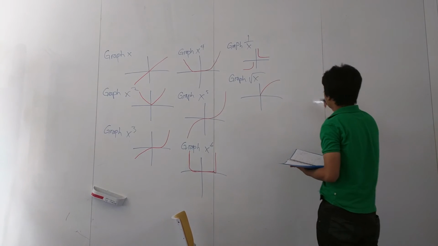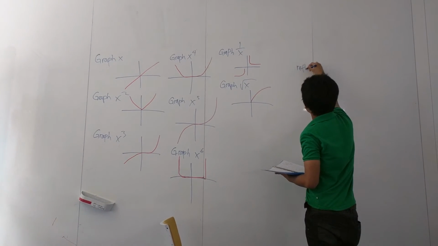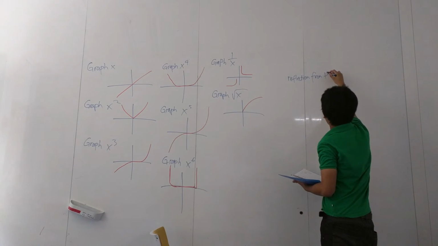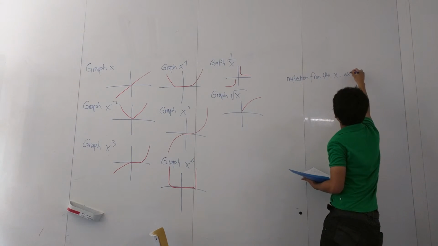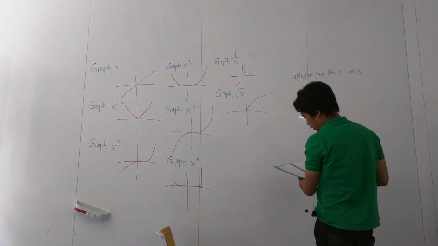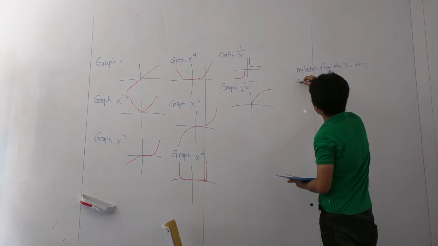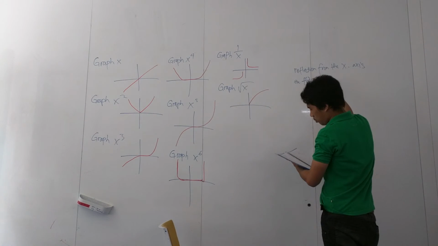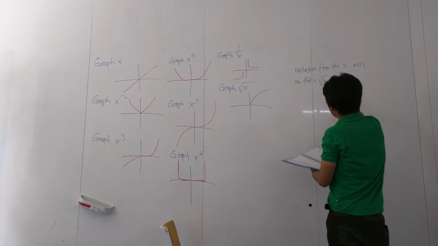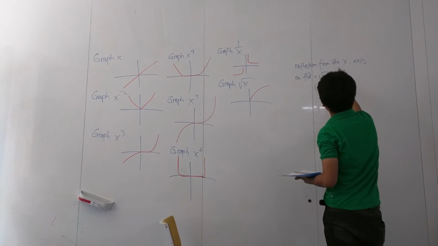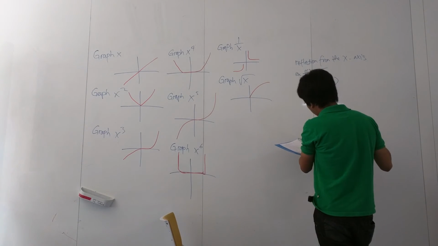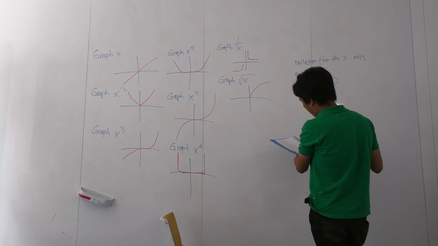For example, reflection from the x-axis. For example, we use f(x) equals the square root of x. So it must be x, the root of x.